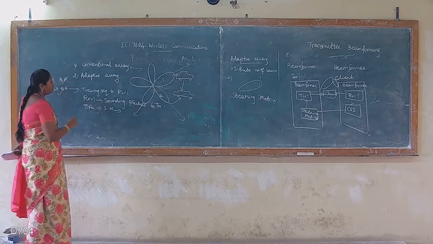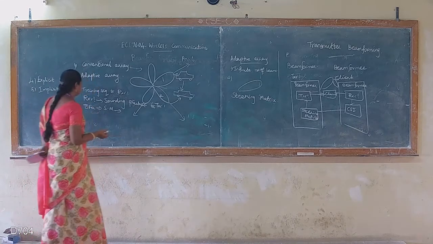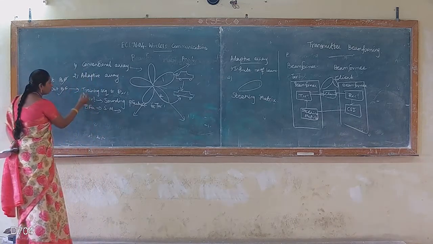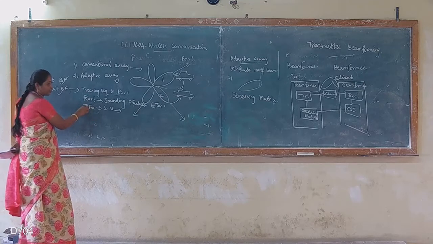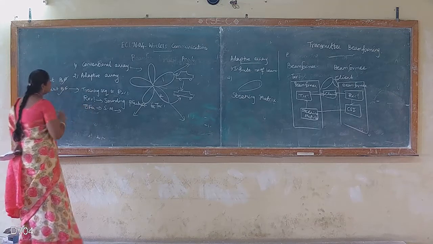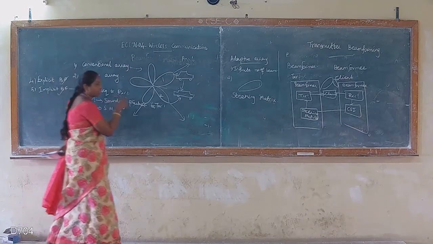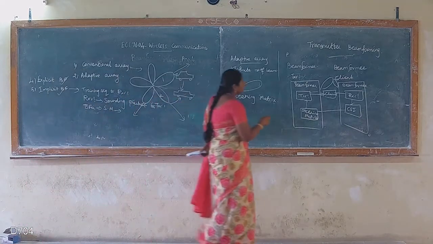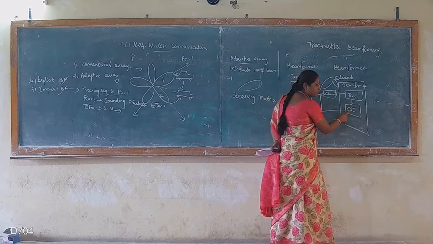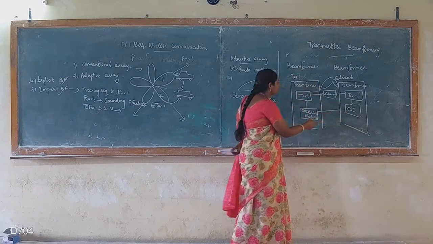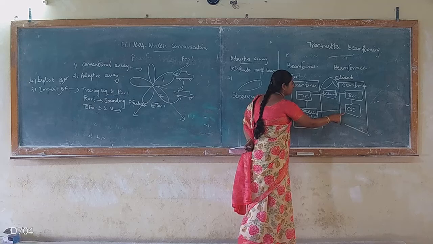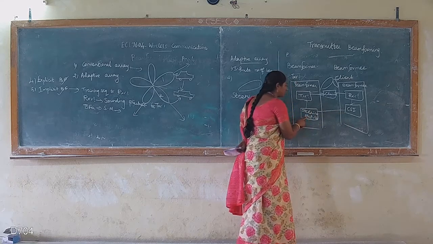Then what about explicit beamforming? Implicit puts more burden on the transmitter side. In explicit beamforming, the same principle: the transmitter transmits the training sequence to the receiver. Now the receiver calculates the channel state information, and after calculating it, it is fed back to the transmitter.